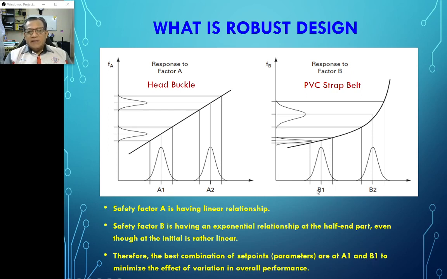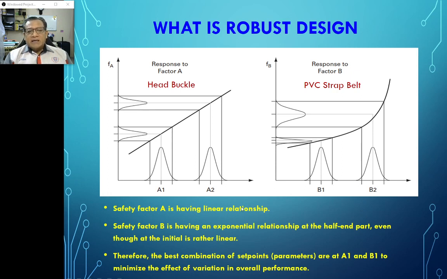So A1 and B1 is the combination of maximum performance, maximum signal with less noise, because both of them will generate this linear trend kind of relationship. This is linear, moving upward, and this is also rather linear, moving upward, perhaps with a lesser inclined angle, right? So that is why A1 and B1 is the best set in order to maximize performance and minimize noise or minimize variation, right?